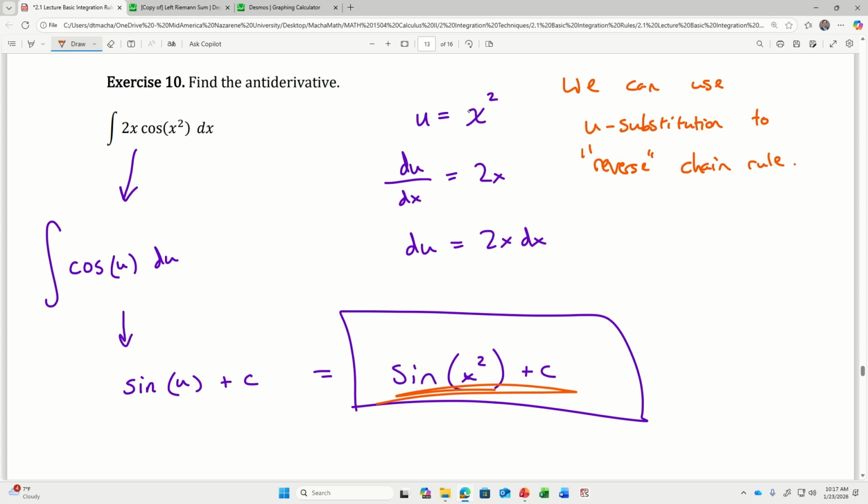For that reason, if I'm doing a U substitution, the first thing I might try is something inside another function. So I'm sure what Kyle was thinking is that's a cosine of x squared. X squared's on the inside, so let's try that for our U first. That's a good place to start.